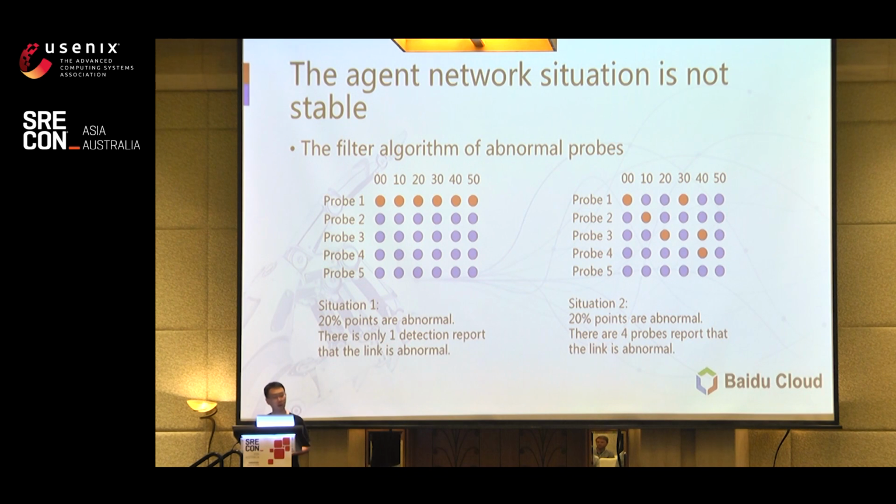In this case, the link is more likely to be abnormal. Therefore, we implemented a failure detection filter algorithm: when the anomalies concentrate on 2 or fewer probes, we will decide the probes are abnormal and the link is healthy.